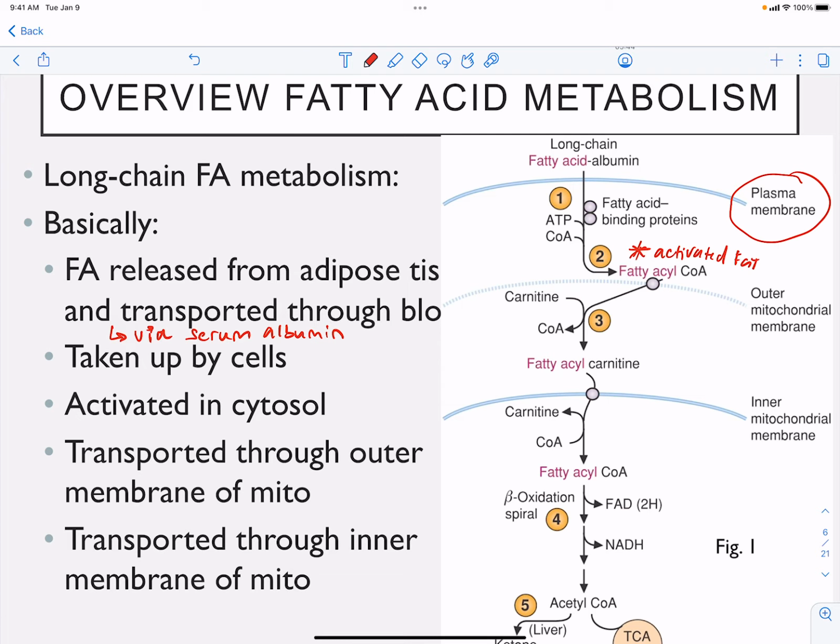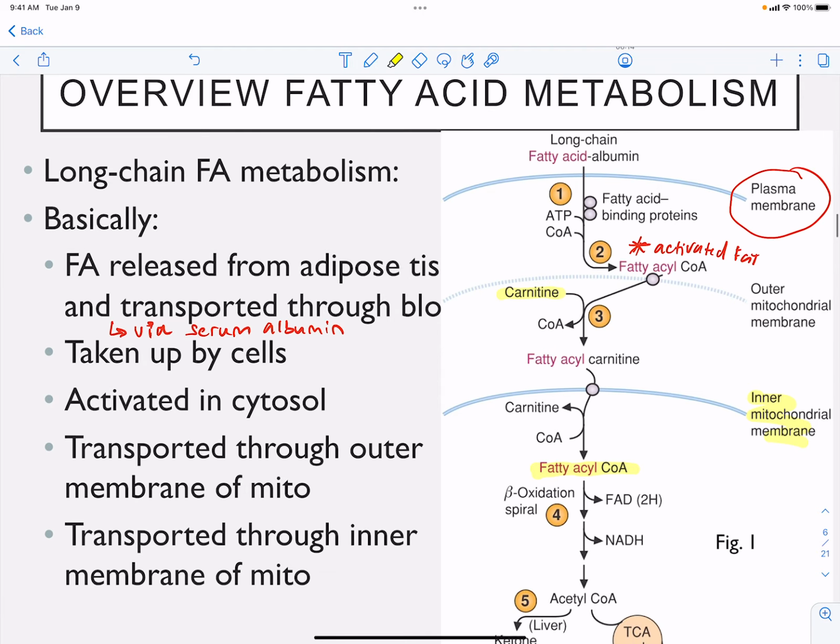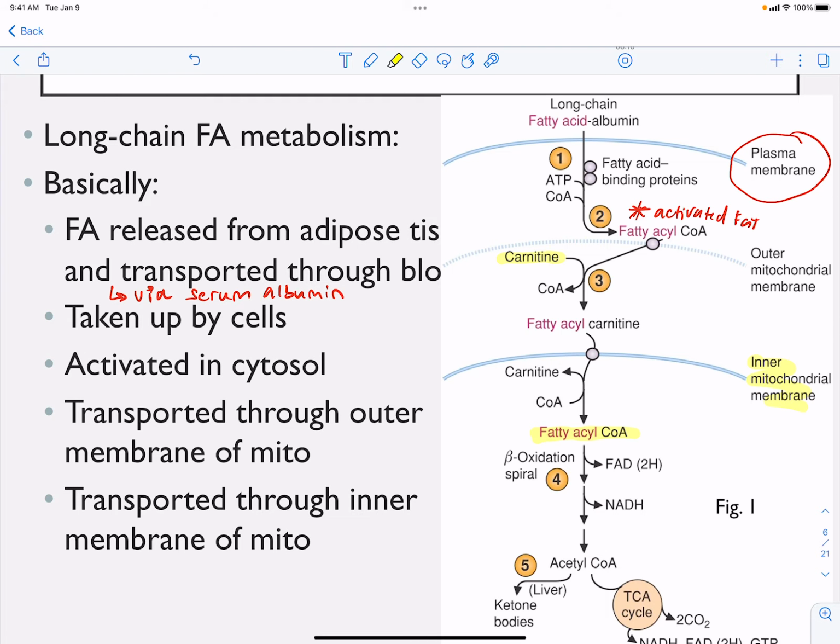The activated fat is transported through the outer membrane of the mitochondria, and it has to be added to a carrier, carnitine, which carries it through the carnitine carrier. Once inside the inner membrane of the mitochondria, the carnitine is removed and you get fatty acyl-CoA again. Fatty acyl-CoA then goes through beta oxidation and generates acetyl-CoA, and we know what acetyl-CoA does.